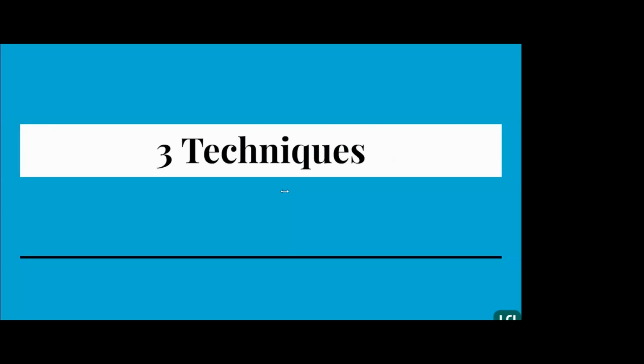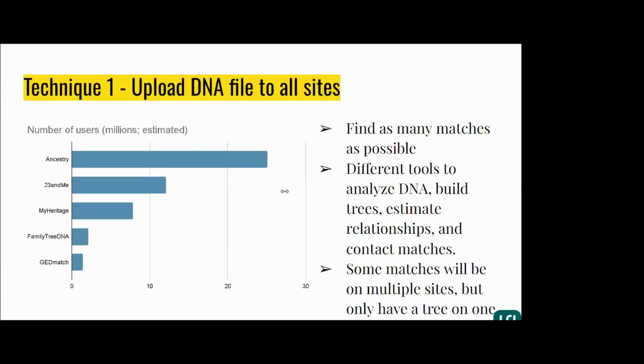And that gets us to the 3 techniques I wanted to share with you today. As I go through the techniques, I'll also provide some examples from my own work to demonstrate how these techniques can help. So the first technique is to upload your DNA file from whatever company you decided to test with to all other family DNA sites that allow you to upload that file to their site.